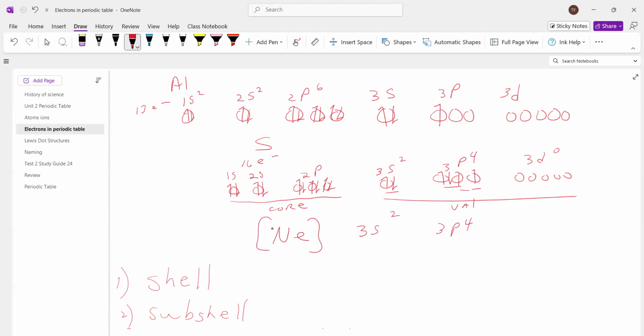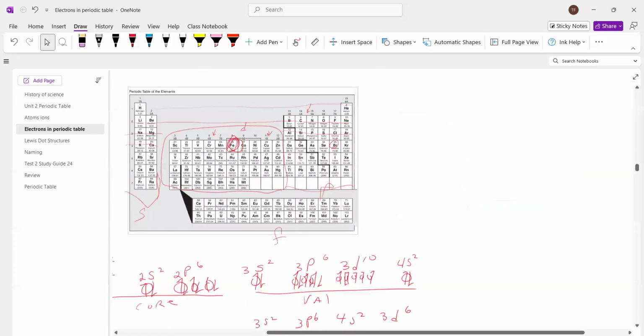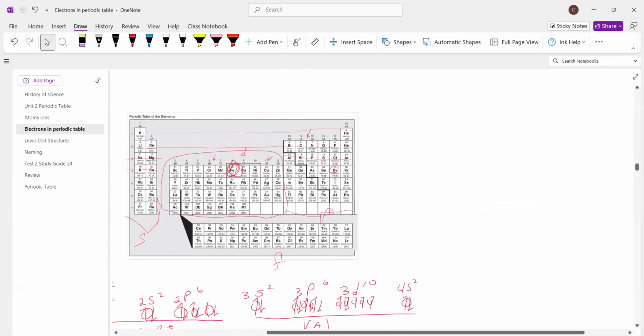So the way to do it, look at the periodic table, and you go up one row and look at the noble gas in that row.